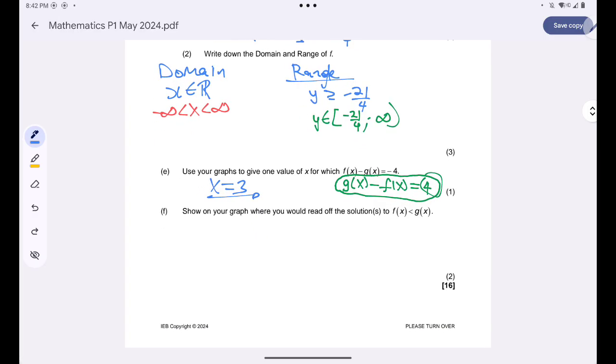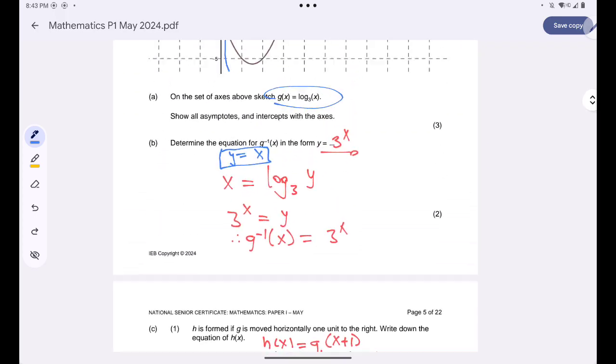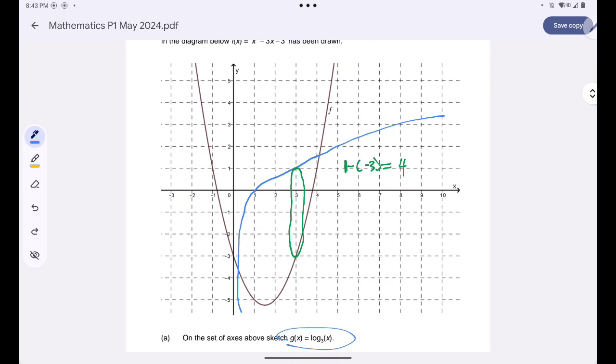Okay, now I'm supposed to show on your graph where you would read off the solutions of f of x being less than g of x. They want me to show the values of x whereby the graph of f is below the graph of g. The graph of f is below the graph of g, right? That situation only happens in this case.